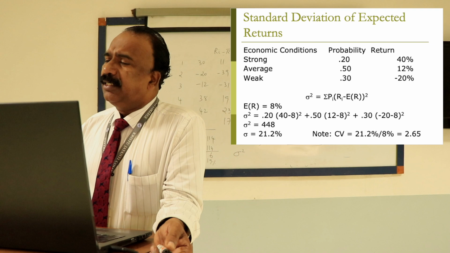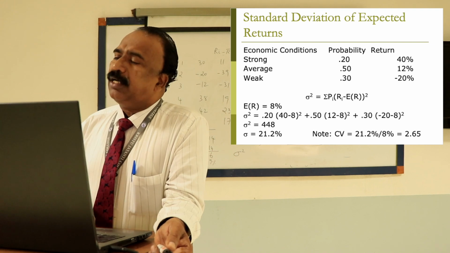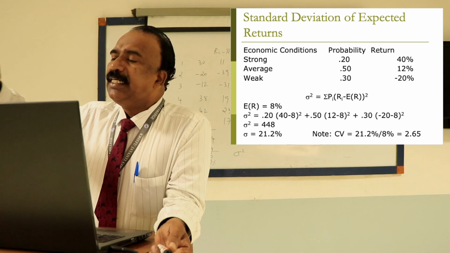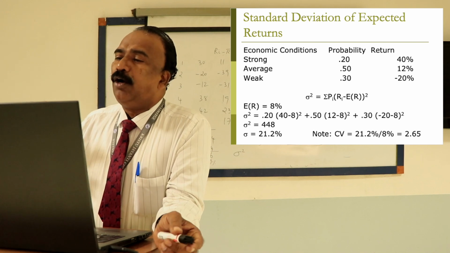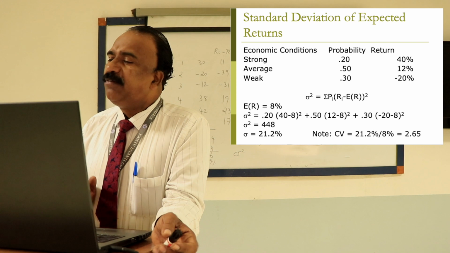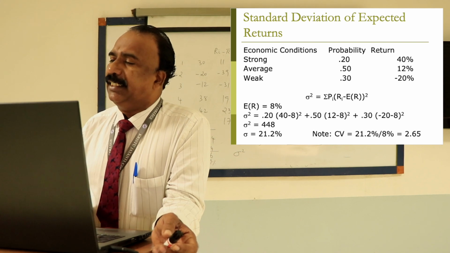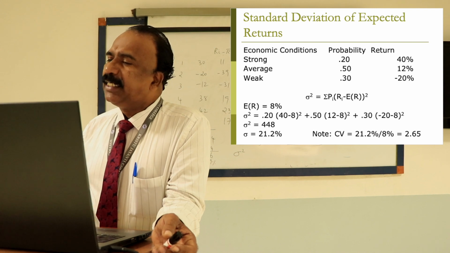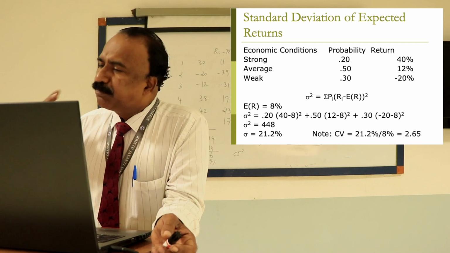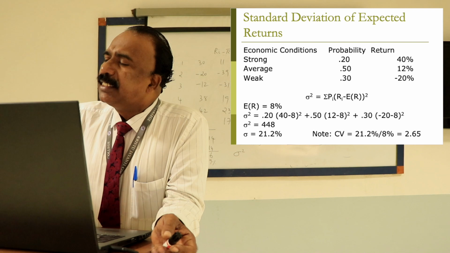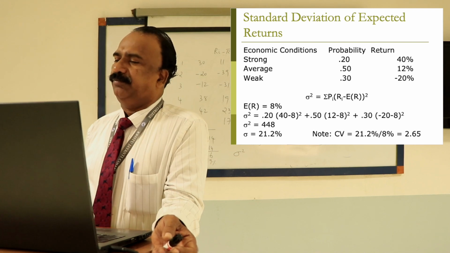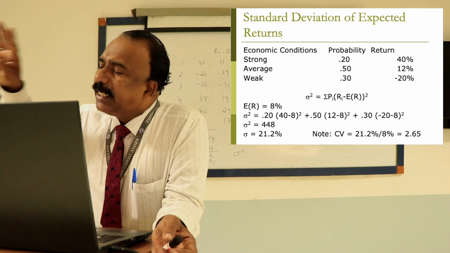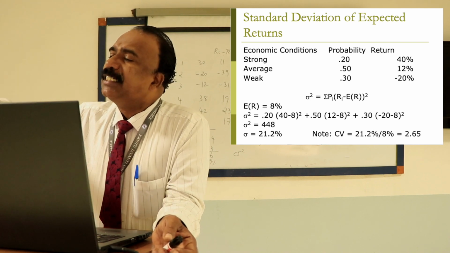Expected return means the investor, before he started investing, is expecting this much return. So it is his future return, not his actual return. The previous one is the historical return, actual return, or holding period return. Expected return is the return the investor is likely to get in the future. So in the strong economic condition, he is expecting 40% return with 20% probability.